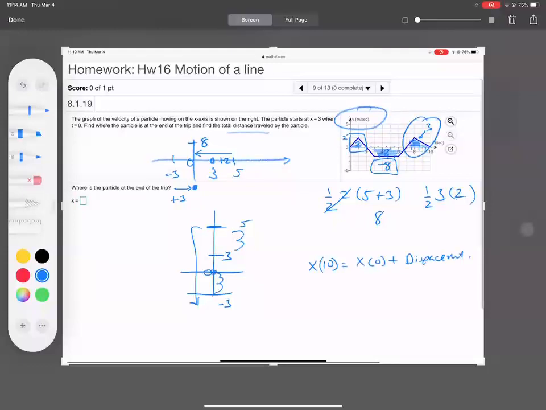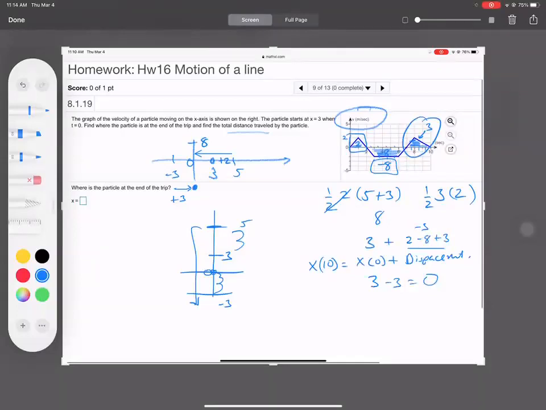How much did we move since we started? Well, we went 2 minus 8 plus 3. Are you guys okay? That's my displacement. That's how far we moved from my initial position. My initial position was 3, though. So this adds up to negative 3. So 3 minus 3 is equal to 0.